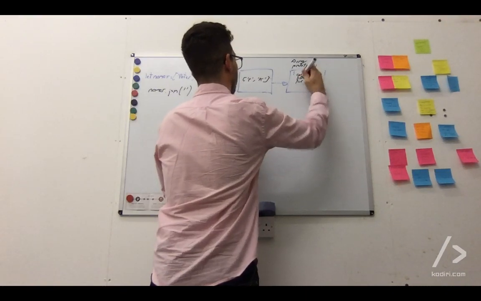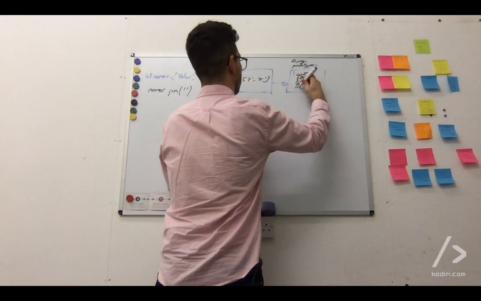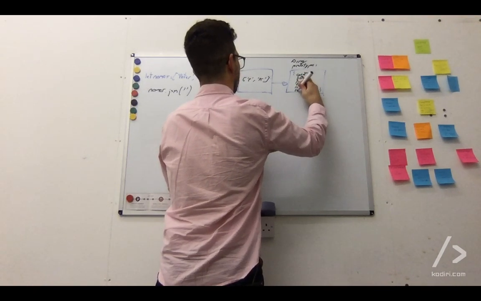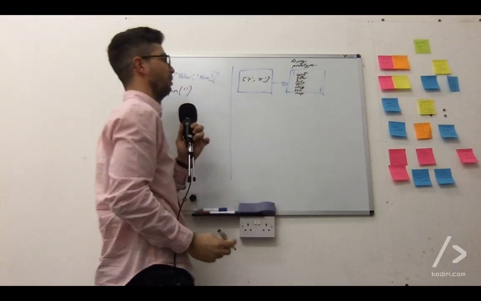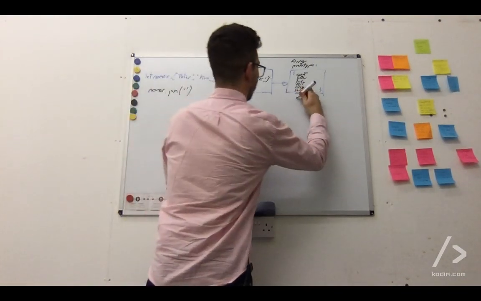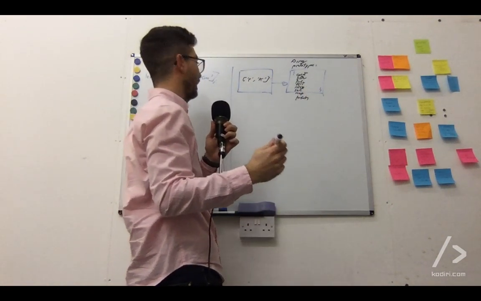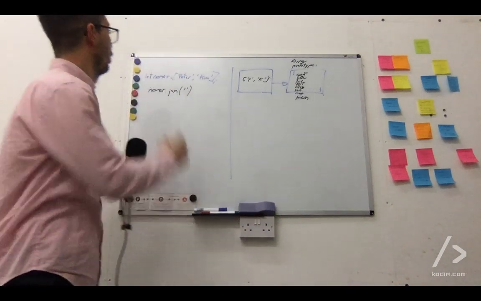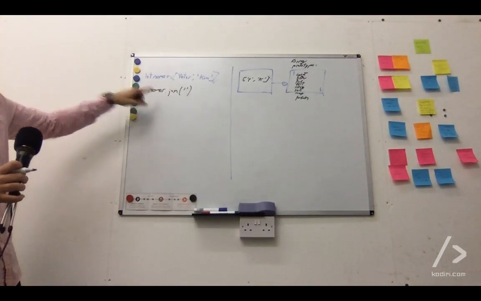Find. Split. Reduce. Sort. Map. For each. For in, wrong. You cannot do array.forIn, that doesn't make sense. We're talking about methods that we apply on arrays.